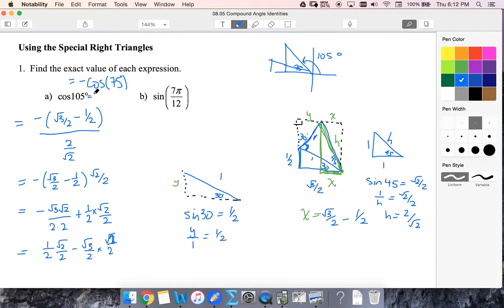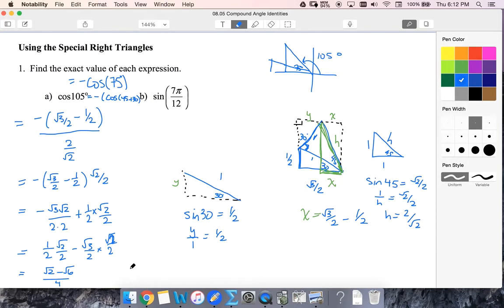So that was the same as the negative of cosine of 45 plus 30. And look at these values. All of these are ratios of 45s and 30s. So I can come out, calculate this exactly. It's going to be root 2 minus root 6 all over 4.